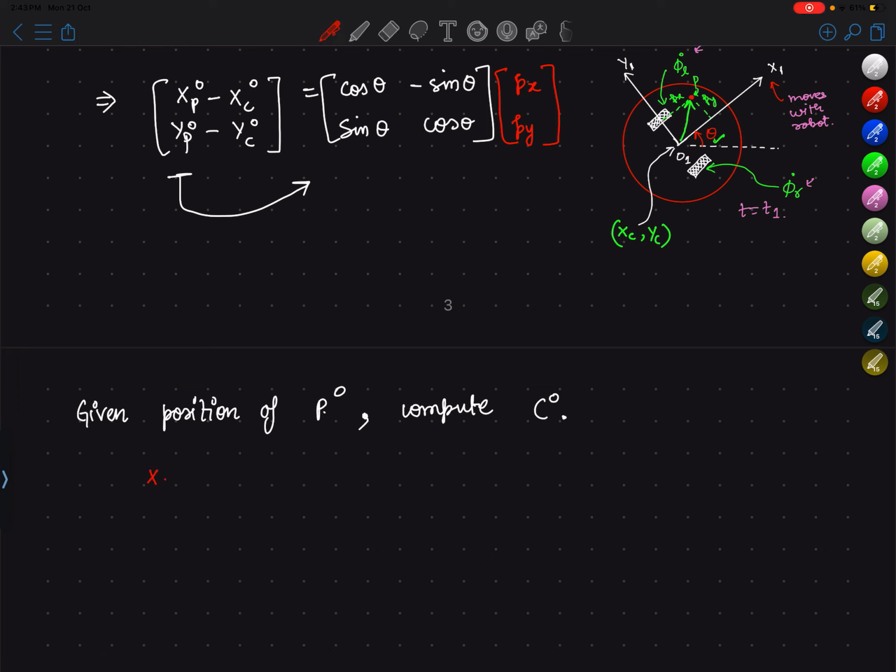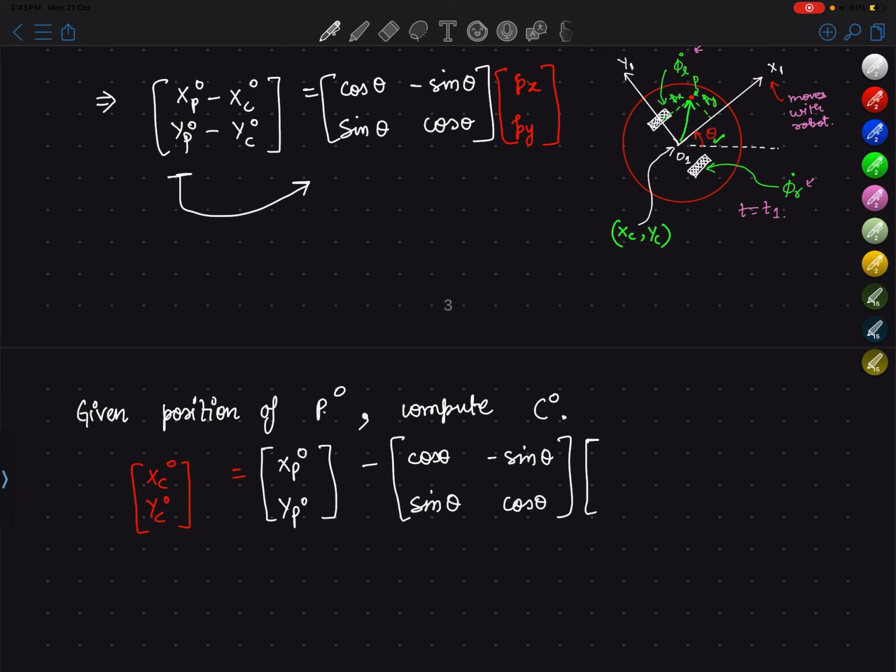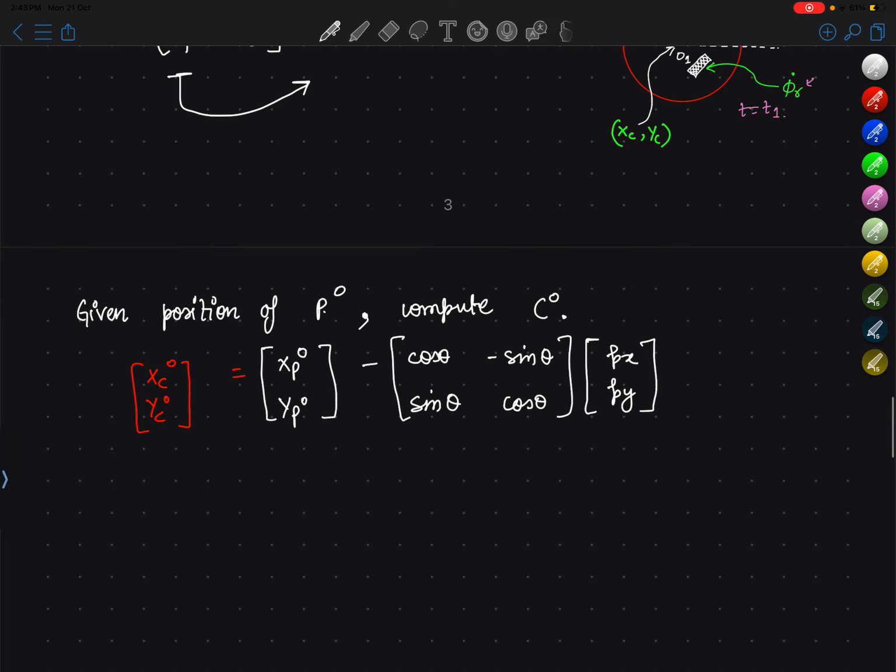So xc naught, yc naught equals xp naught, yp naught minus cos theta, minus sin theta, sin theta, cos theta, multiplied by px py.